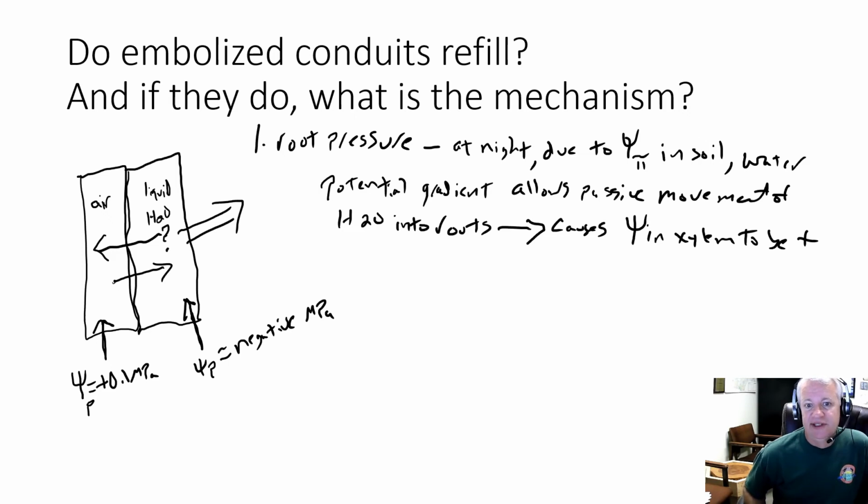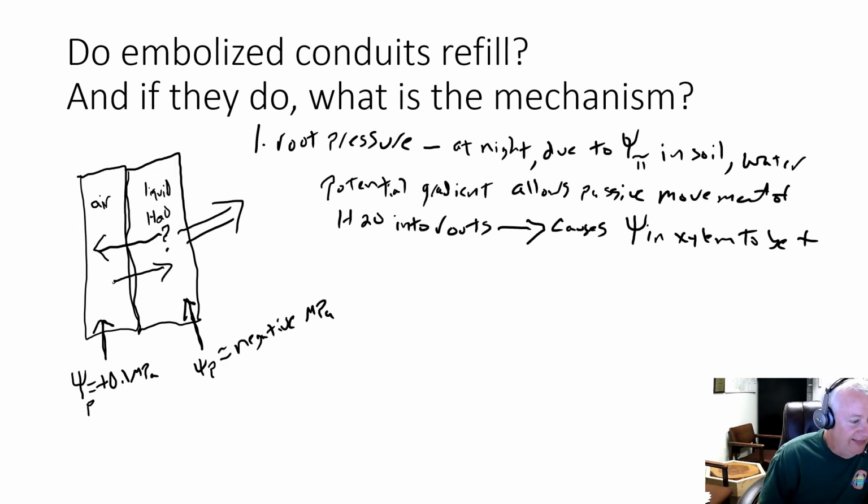So for instance, when you see guttation in leaves, little droplets of water being exuded often from herbaceous plants, that's due to root pressure. And there have been situations where this has been observed in trees. Osmotic movement of water into roots pressurizes the xylem. So that's one situation where this could potentially happen. But it happens at night. This can't happen when the tree is transpiring.